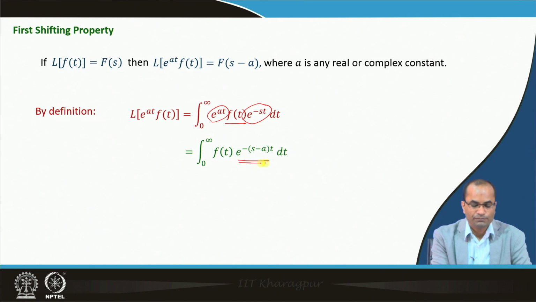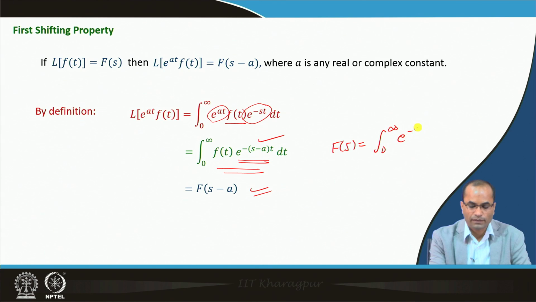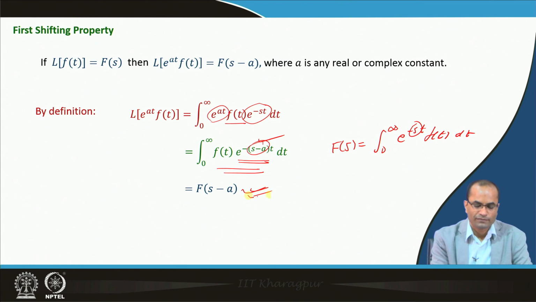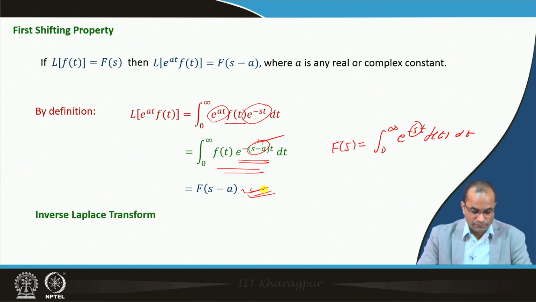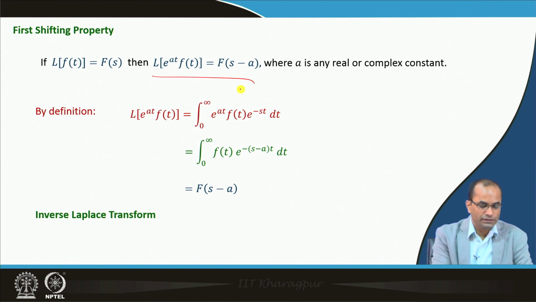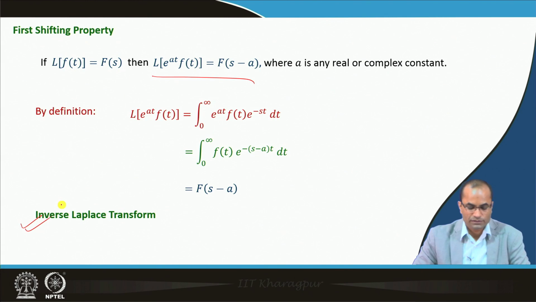That means we have e power minus s minus a t d t, and that is exactly F s minus a, because F s is nothing but the integral from 0 to infinity of e power minus s t f t d t. So, instead of s, here we have s minus a, therefore we have written this as F s minus a.